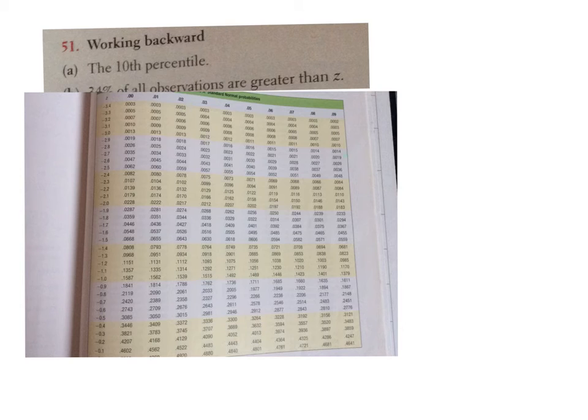I have to look at these values in here and see which one looks closest to 10%, so that would be 0.10. I notice right here 0.1003. That's the closest number to the 10th percentile. If I follow the rows and the columns, then I can see that z must be negative 1.28, because on the left side I see the negative 1.2, and then on the top I see the 0.08. So that would be negative 1.28.